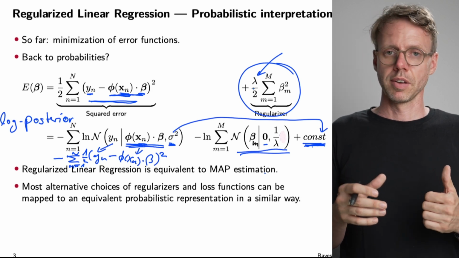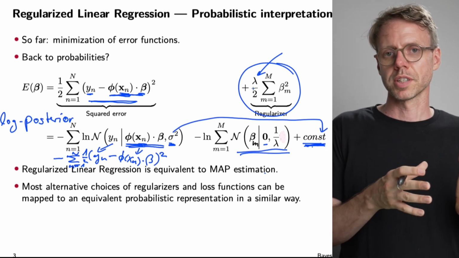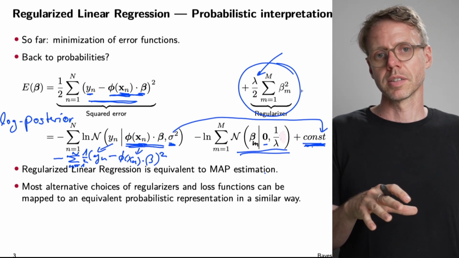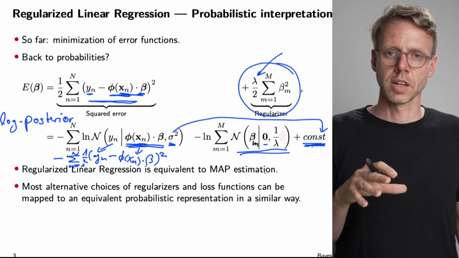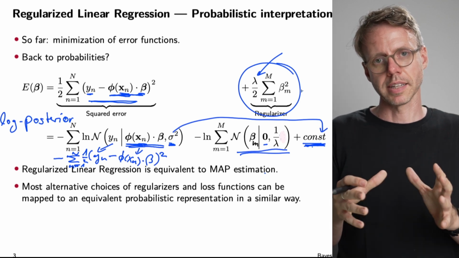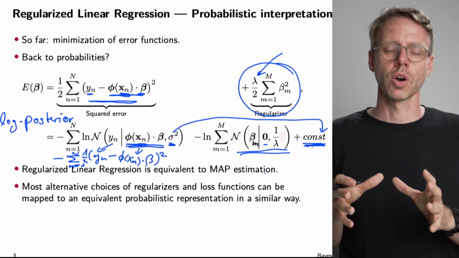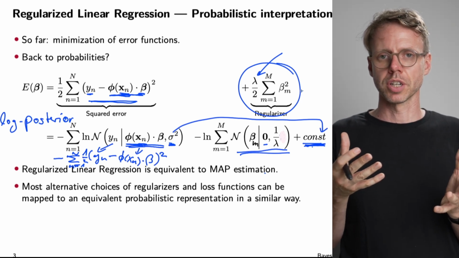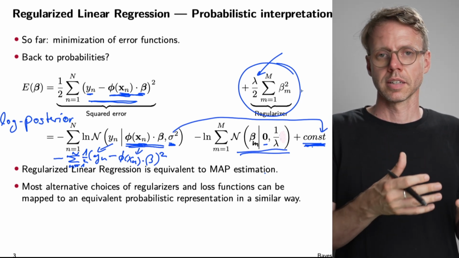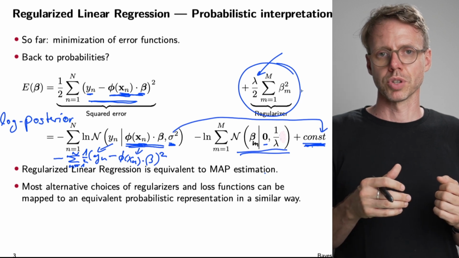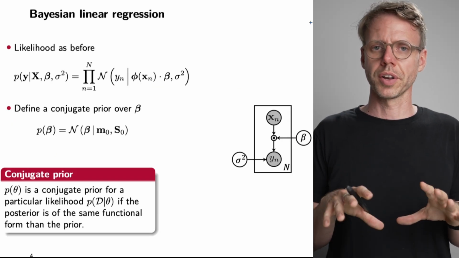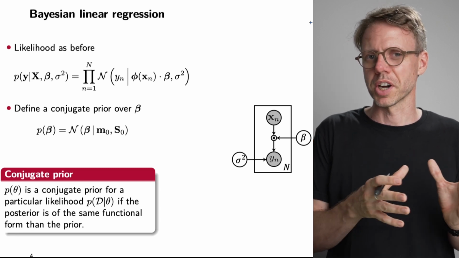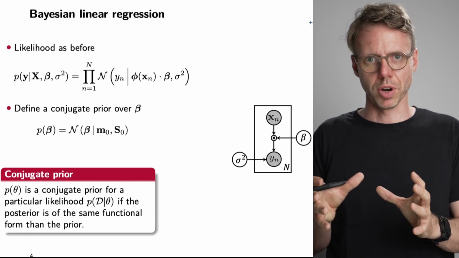For example, if you had the lasso, which is an L1 penalty on the regression weights, you could interpret this as using a Laplace distribution as the prior over the betas and doing maximum a posteriori estimation in that corresponding posterior distribution. But let's focus on the Gaussian, so the equivalent to ridge regression Bayesian model.